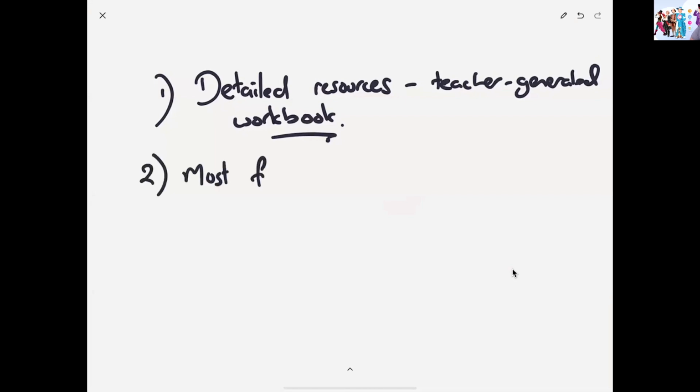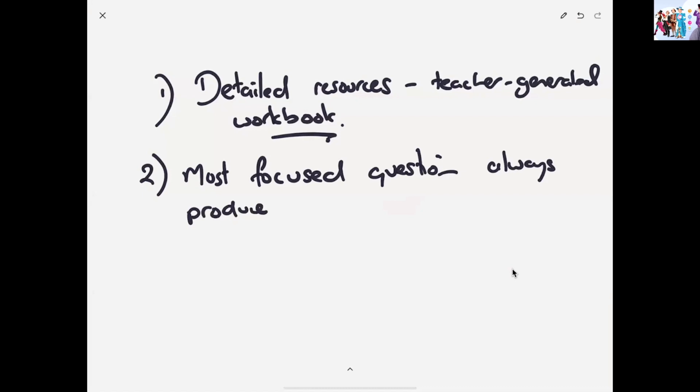The most focused question will always produce better quality answers. If you want good quality answers from your students, write focused questions.